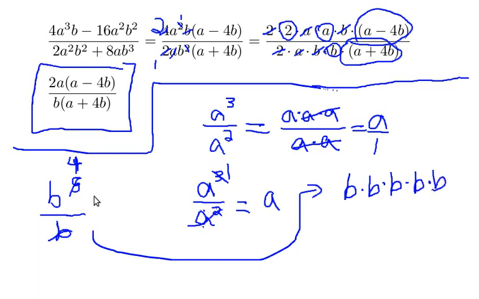You can see now why we want to use this shortcut, because it can be kind of tedious to write all that out. Then we cross out one b, and we'll have 4 b's left over. So it's important to understand that thought process. We'll go into a lot more detail on that in chapter 8, I'm pretty sure, the exponent rules, which we'll see much more of later on.